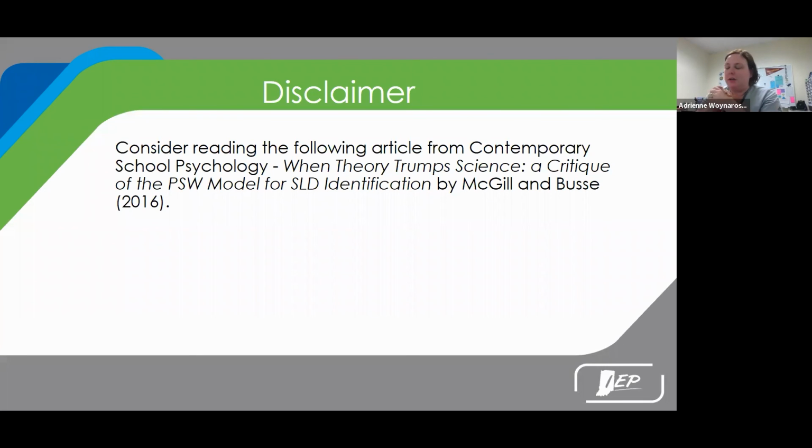I have a question. Have you seen any research stating that maybe we should go to a pattern of strengths and weaknesses model because of COVID? With the interventions last year, with last year being a crazy school year for everybody, have you seen anything about that?